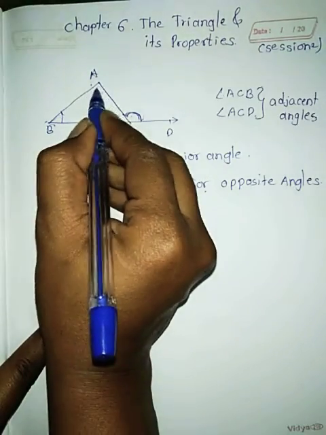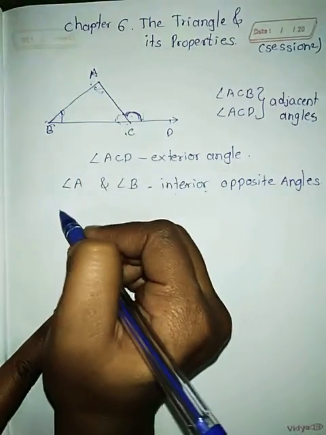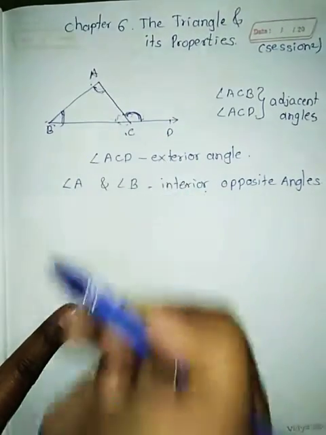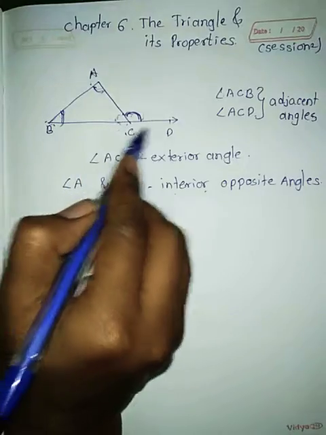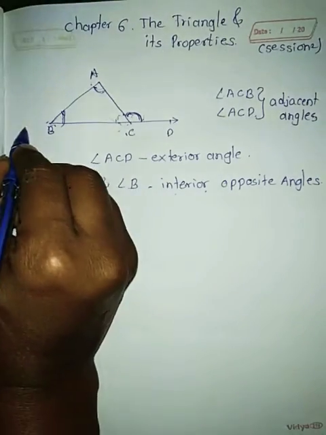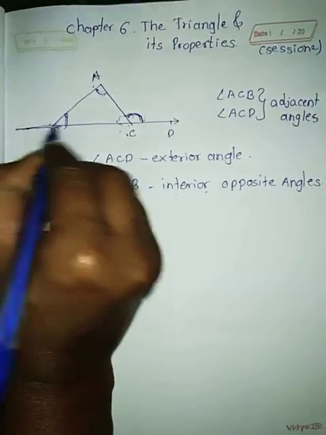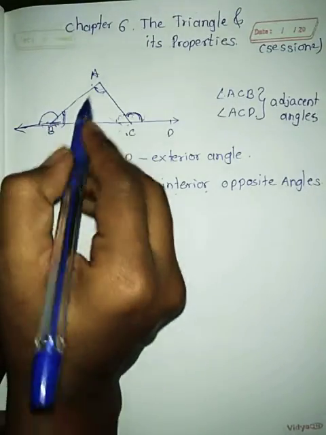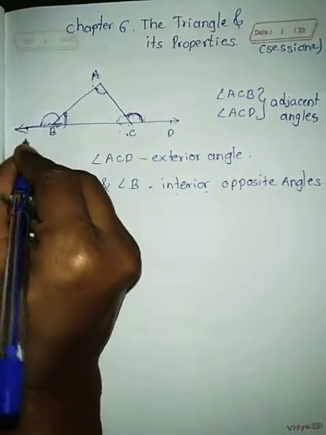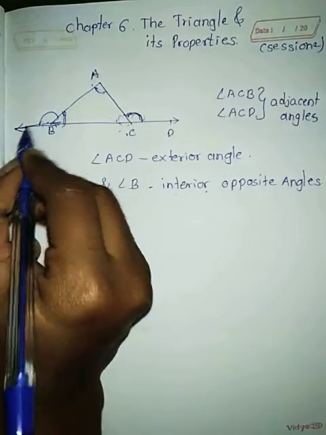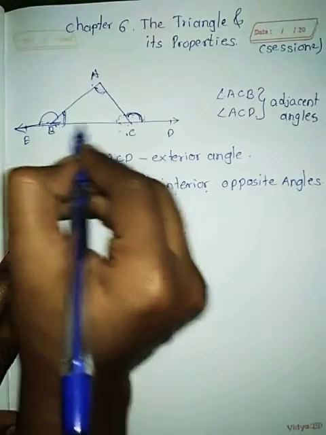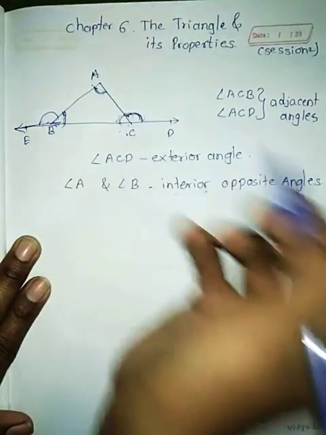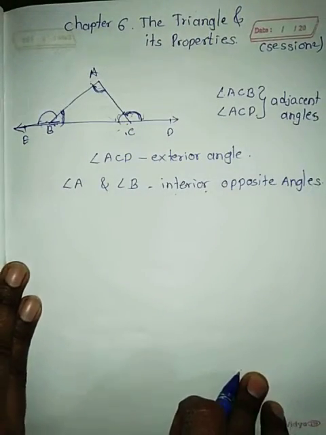These three, A, B, C, are interior angles, and this is the exterior angle, and these are the interior opposite angles of ACD. Suppose I extend this side, then this is an exterior angle ABE, and ABC are adjacent angles, and these two are the interior opposite angles.